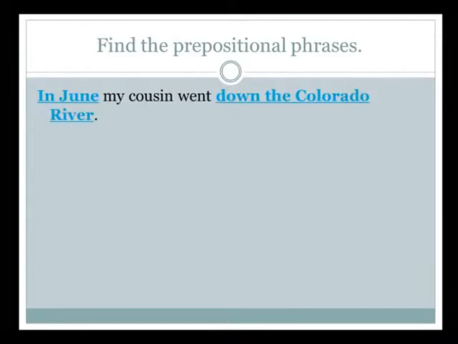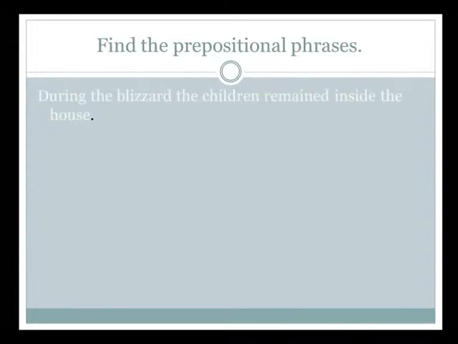The next practice question. During the blizzard, the children remained inside the house. So during the blizzard, during is a preposition of time, as we've learned. So during the blizzard becomes a prepositional phrase. The children remained inside the house.